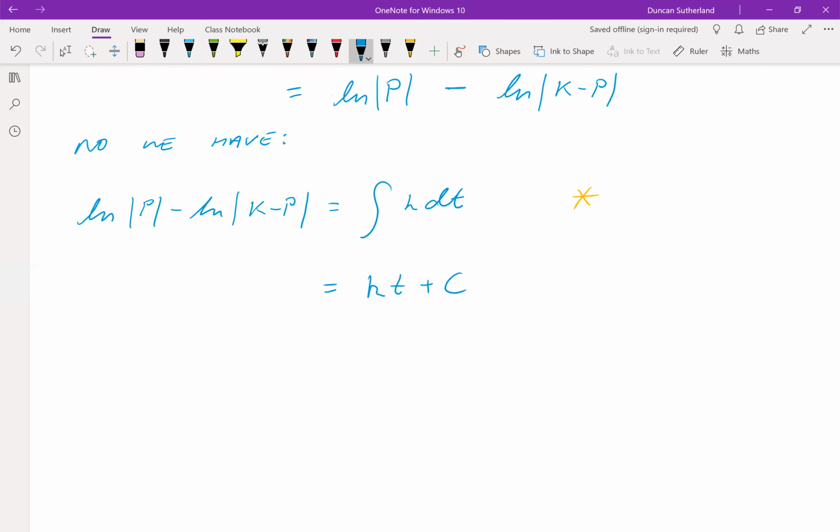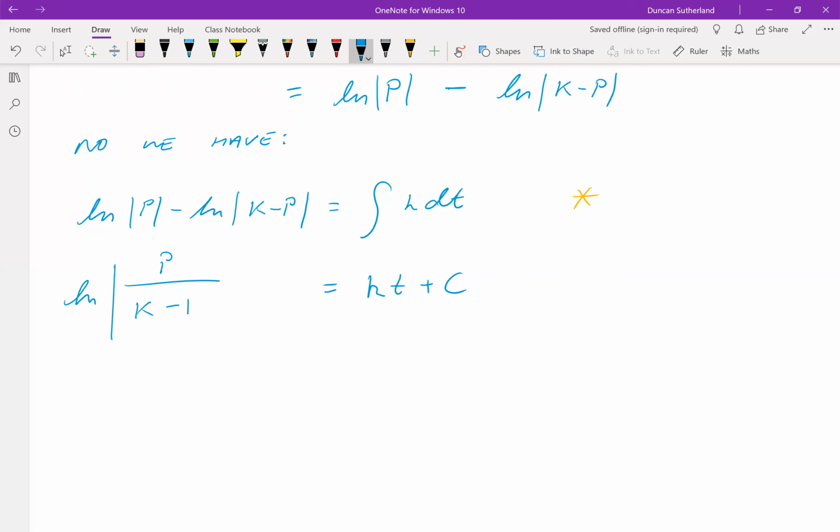So we've made good progress on this. What we now have to do is rearrange the expression so we have p all by itself. So recalling our log laws, again, how to manipulate logarithms. If you see 2 logs subtracted, that's like the 2 logs divided.